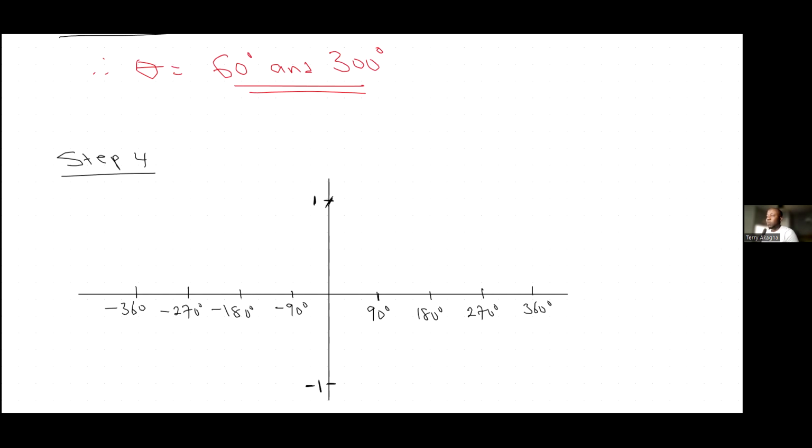The next one will be 90, that is somewhere here. 180 is going to be somewhere here, 270, and 360 will be back to 1. Then the same thing, we're going to have minus 90 here, minus 180 should be somewhere here, then 270 should be here, and 360 should be back to 1.